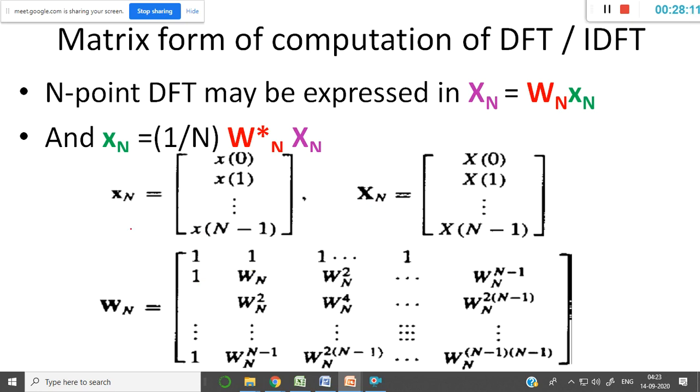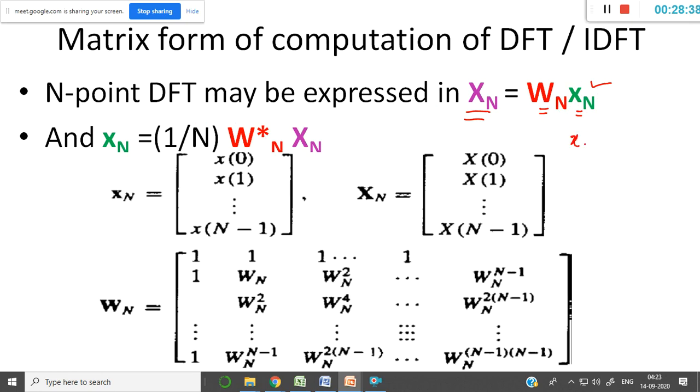The DFT may be expressed as capital X of n equals the twiddle factor times your input sequence small x of n. What is the meaning of small x of n? It is nothing but you are trying to find the IDFT.